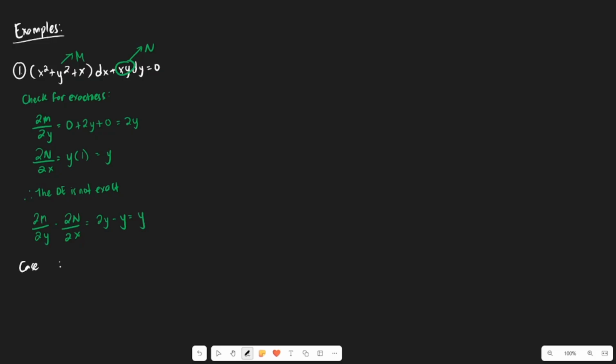In order to know what case to use, we should check M and N: by which of those two, if you multiply the partial of M with respect to y minus the partial of N with respect to x, will y be cancelled out?